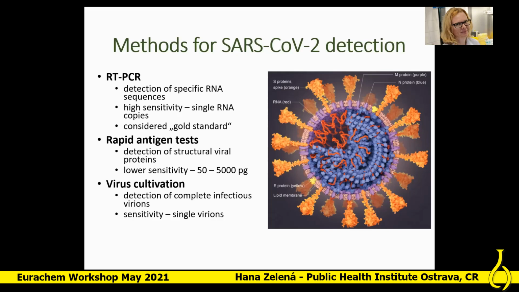This method is relatively highly sensitive, but it detects not the RNA molecules, but virions, the directly infectious viral particles, which means that only in case that we have a positive test of viral cultivation, we can be sure that the investigated sample really contains infectious particles and that the tested person is infectious.